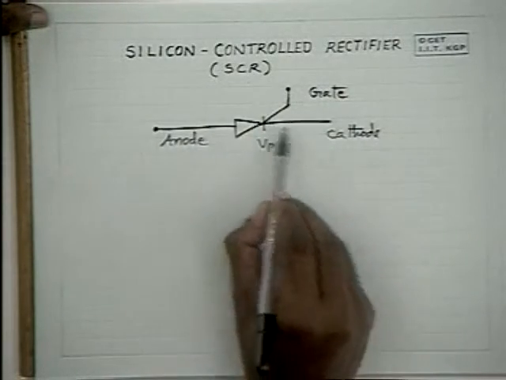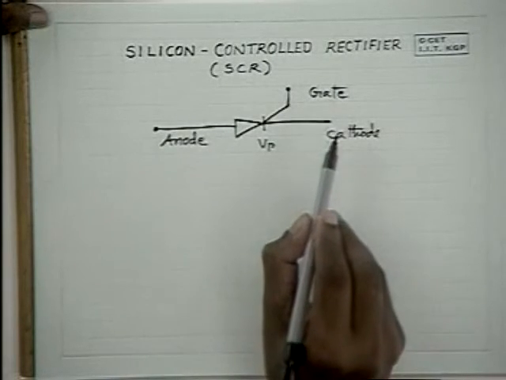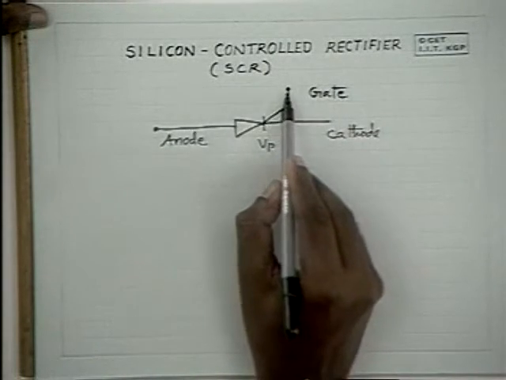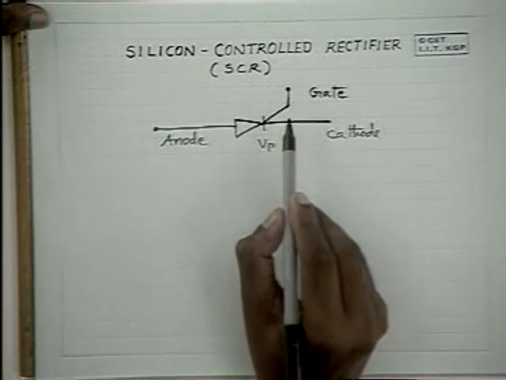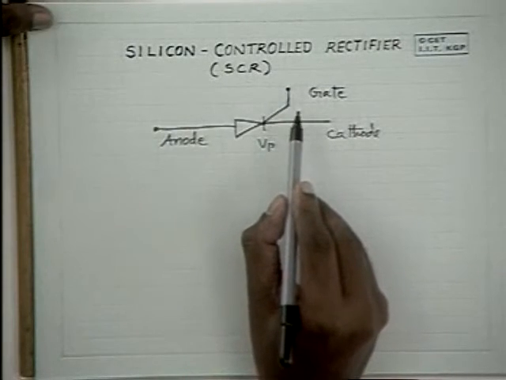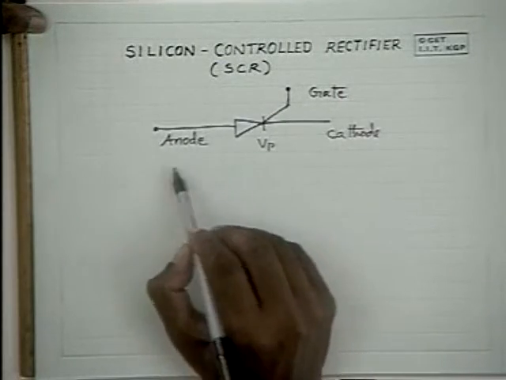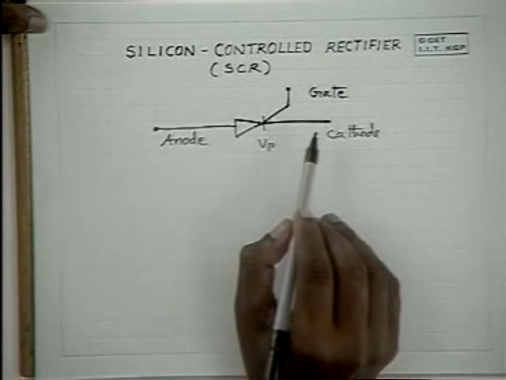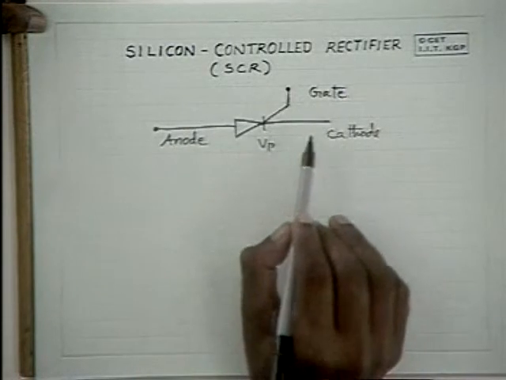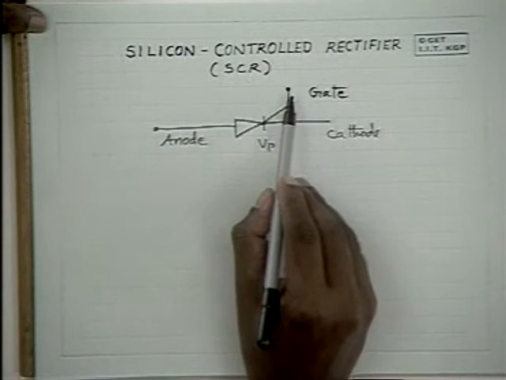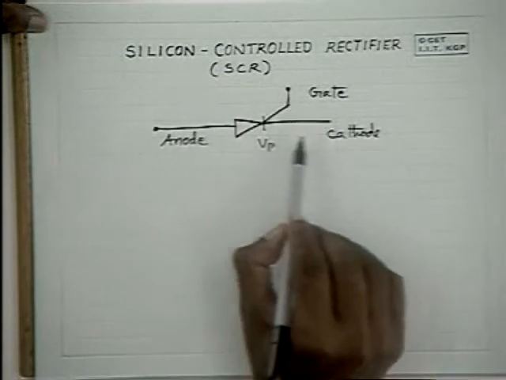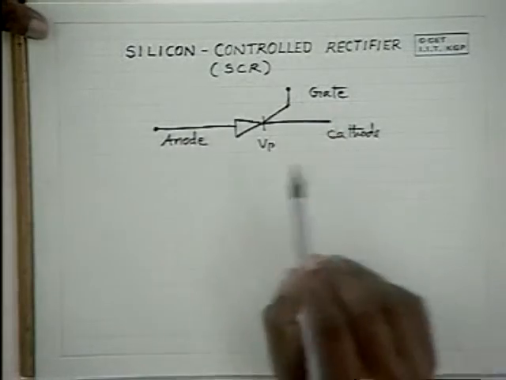That means it acts almost like a short circuit between the anode and cathode when a positive pulse is applied to the gate. On the other hand, when the gate is open and a voltage is applied here, it acts like an open circuit. Hence, through a small voltage applied at the gate, a circuit connected between the anode and cathode can be controlled.